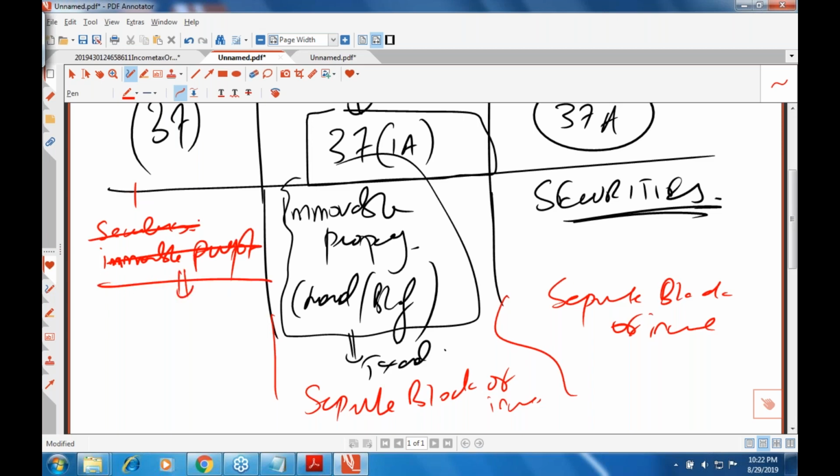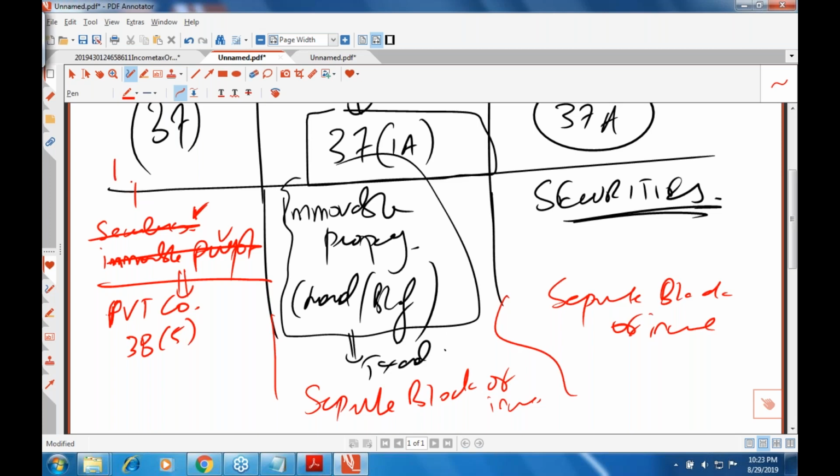You are left with other things, like shares of a private company, the items under section 38 subsection 5, or any capital asset which does not fall under securities or under immovable property. Such capital gain is going to be taxed in section 37.